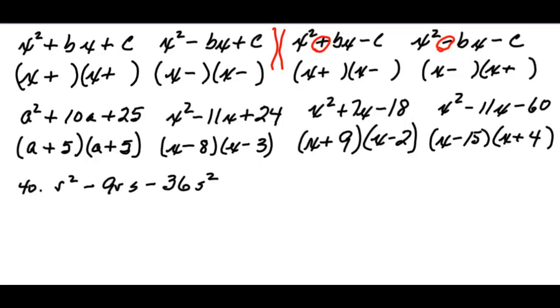So now all I ask myself is, what two numbers, when multiplied together, give me 36, and the difference is 9? All right, well, 36 times 1 doesn't work. 18 times 2 doesn't work. 12 times 3. Because I know 9 times 4 won't work either, but 12 times 3 does work.